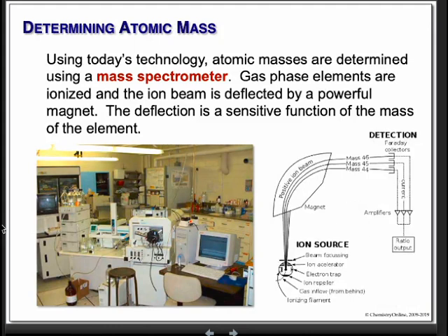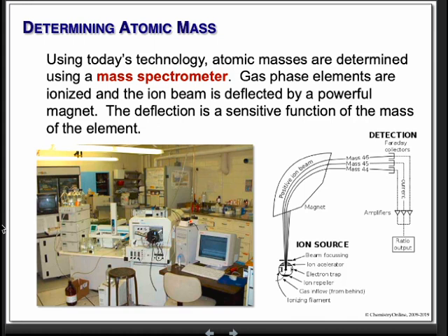Now you might wonder how in the world chemists do this. How do you determine an atomic mass and stuff like that? This is what's called a mass spectrometer. It's an amazing machine. What you have is a big magnet, and you have an ion source. So you take your element, or your compound, or whatever, and you ionize it so it's charged. You want it to have a positive charge.